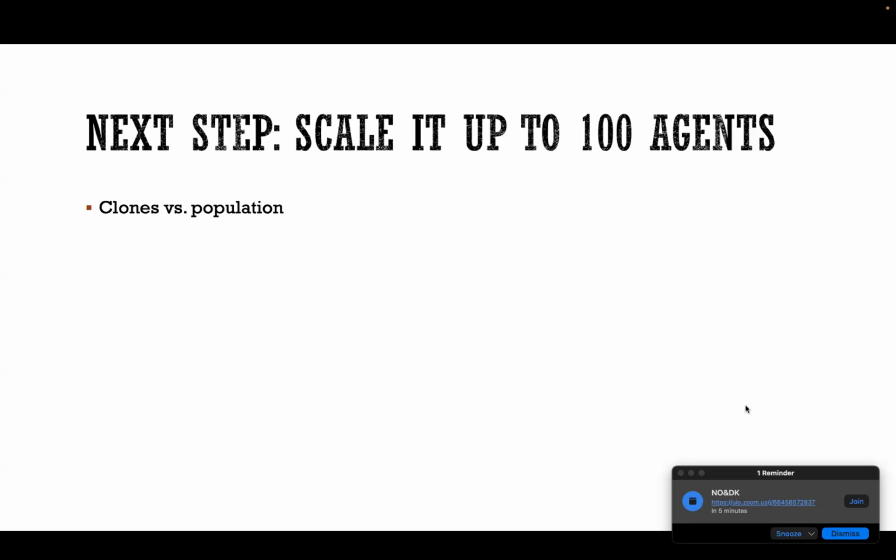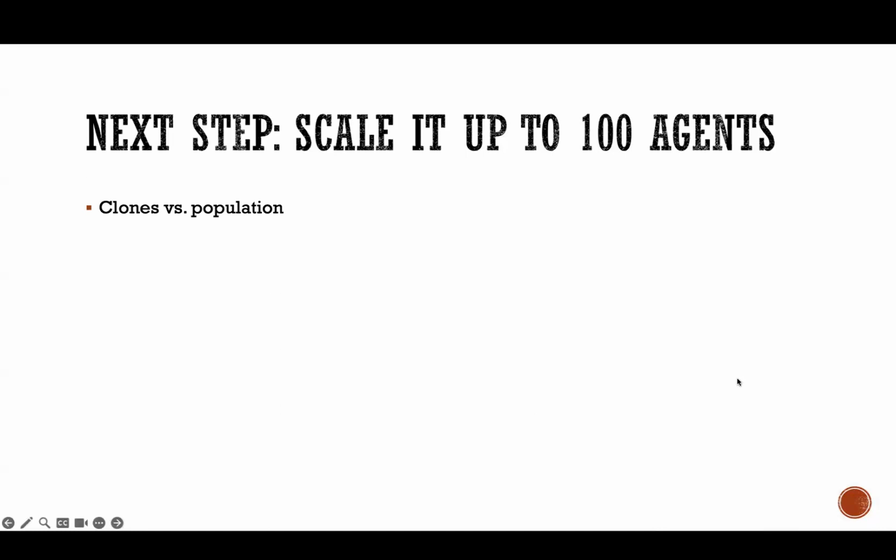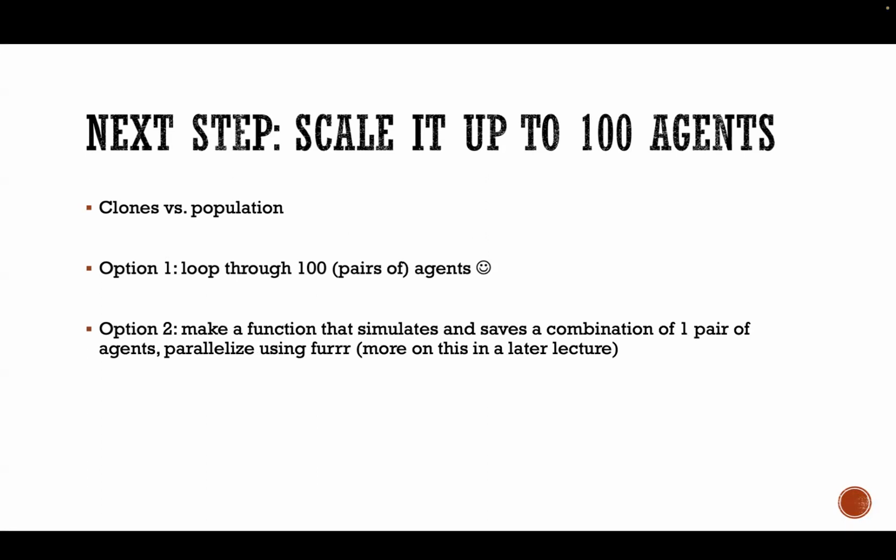So they can vary. And that will give you different results. You can loop through 100 pairs of agents, or you can make a function that simulates and saves a combination of one pair of agents and then parallelize using FIR, and we'll see that in a later lecture.